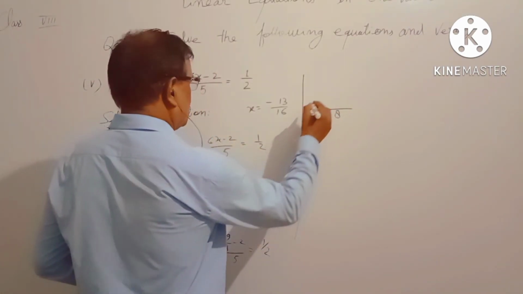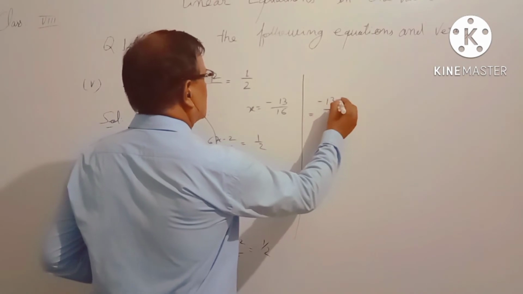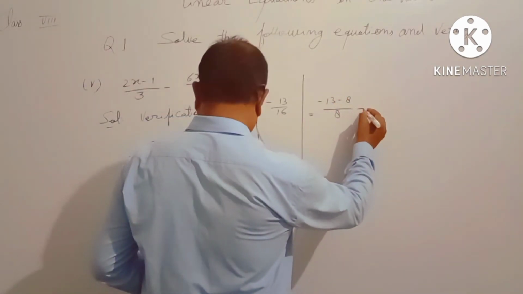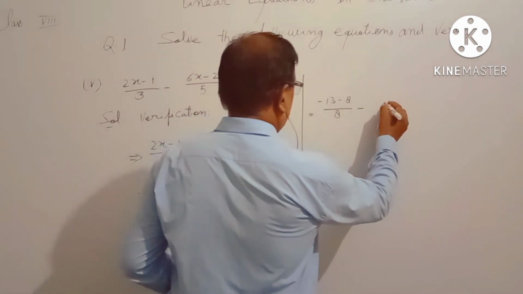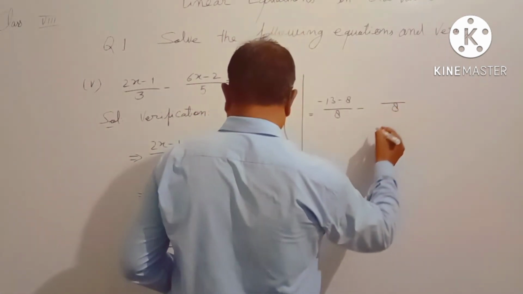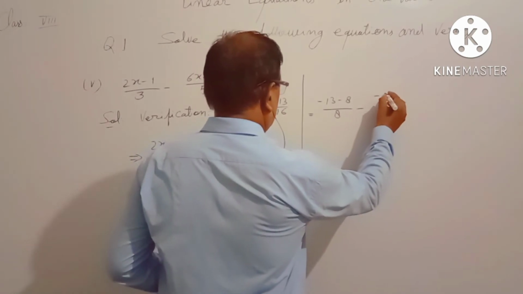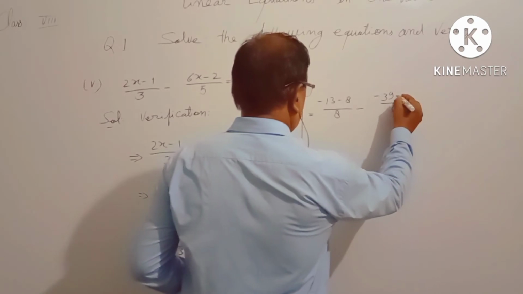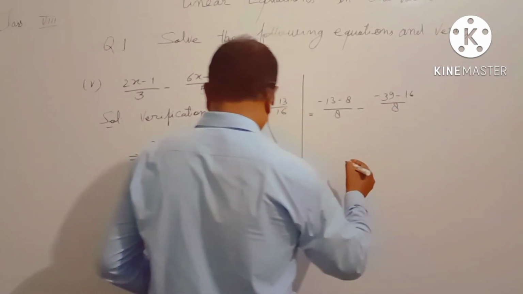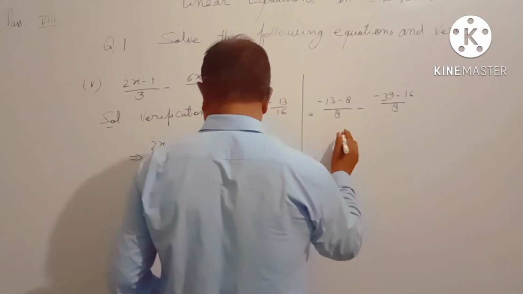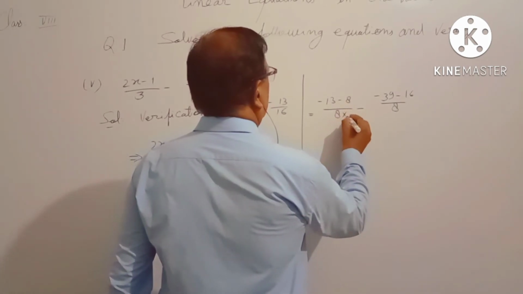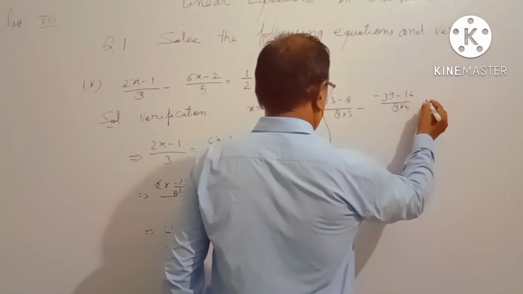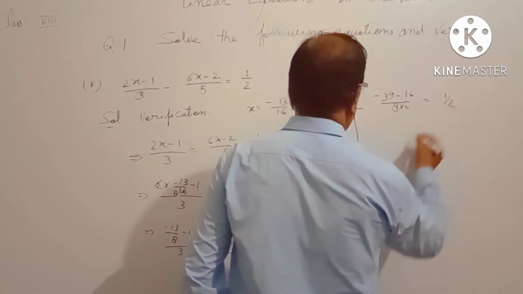Now minus 13 minus 8, then minus 39 and minus 8 to the 16 by 5. Here it is by 3. Here it is by 5. So we will write here 1 by 2.